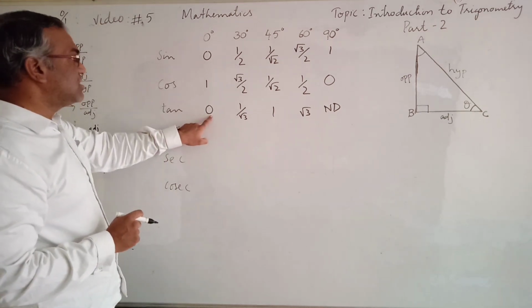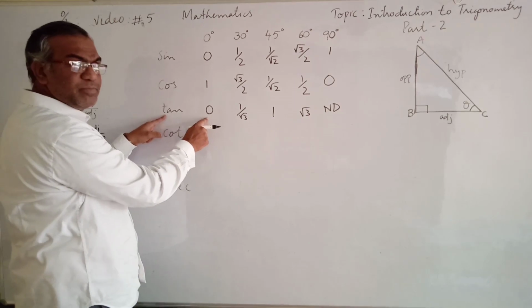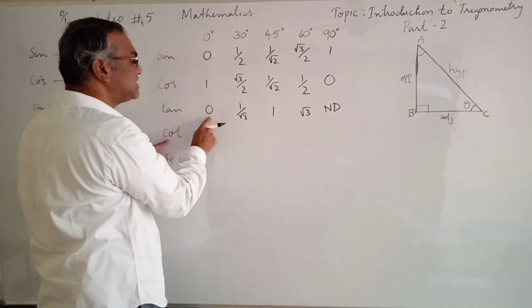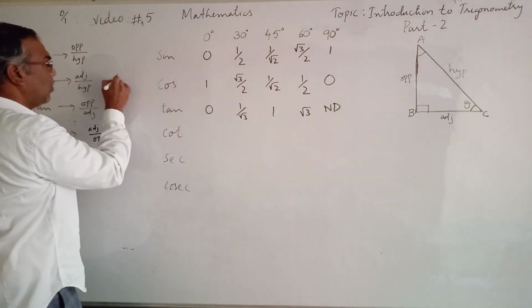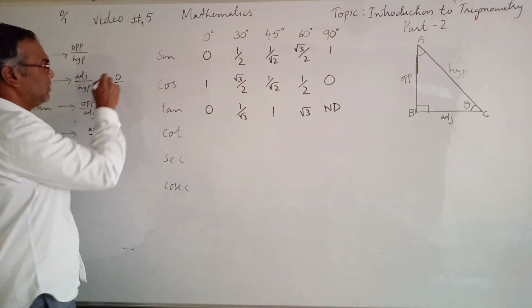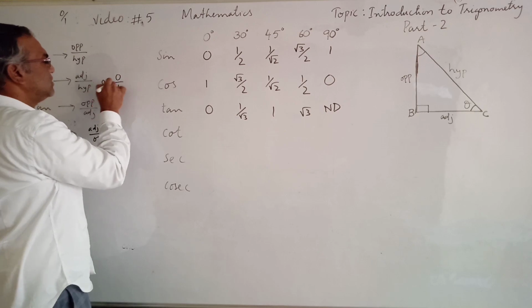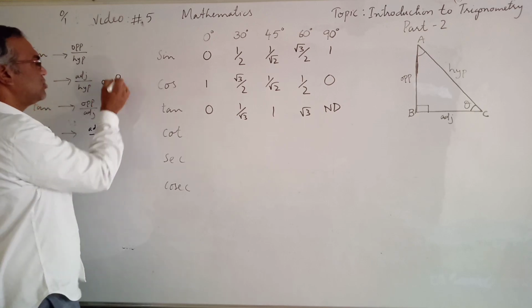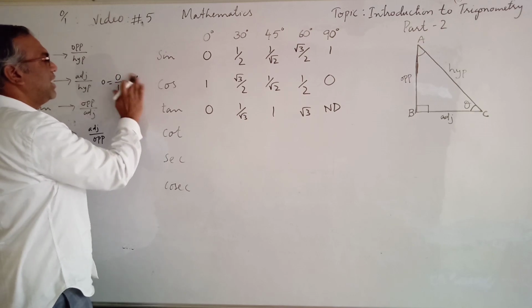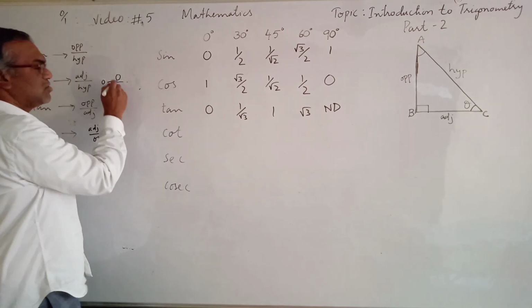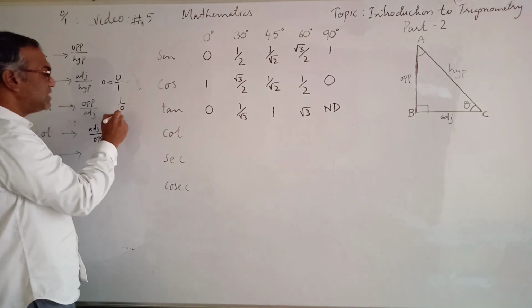So if tan 0 is 0, then cot 0 will be its reciprocal. Then what is the reciprocal of 0? We can write 0 as 0 by 1, because 0 by 1 is 0 again. Now take the reciprocal of this, that will become 1 by 0. 1 by 0 is what?